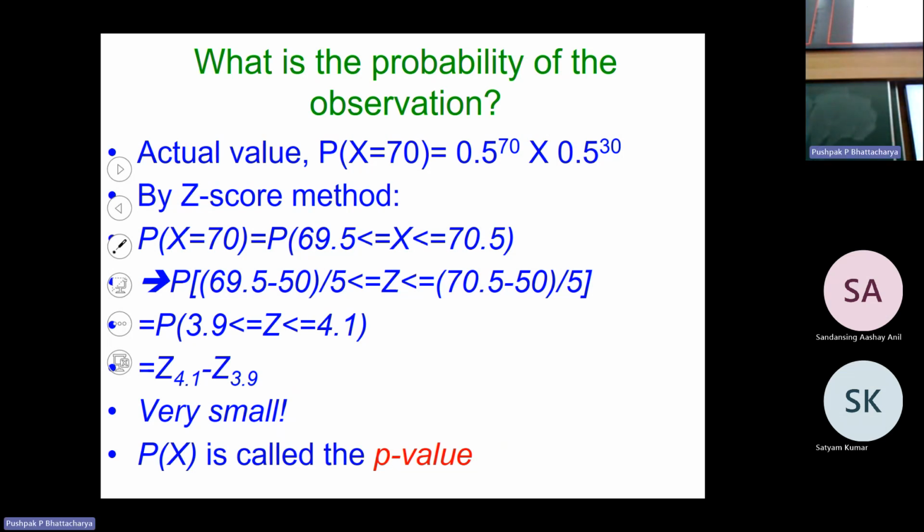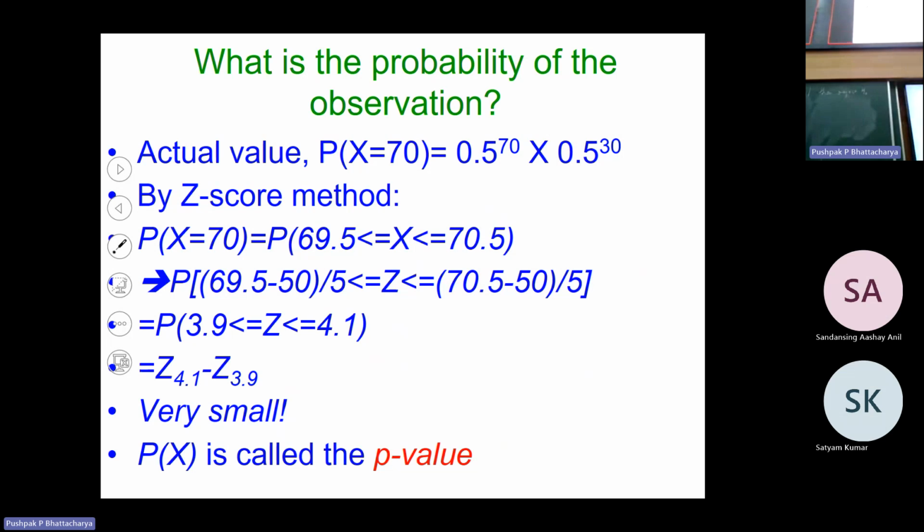So what you learned is, if Z is beyond Z critical, then reject H0.